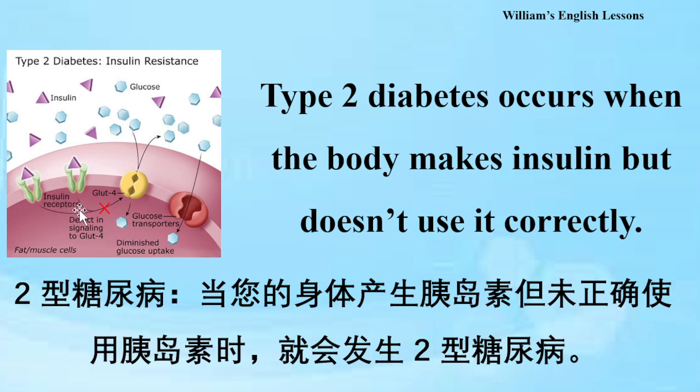But there is no signal from the insulin receptors to GLUT4, which is the yellow right here. Thus, the insulin is not functioning to do its job. So when the glucose goes through the red thing called the glucose transporter, they are not interacting with the insulin. So the person would have high blood sugar.